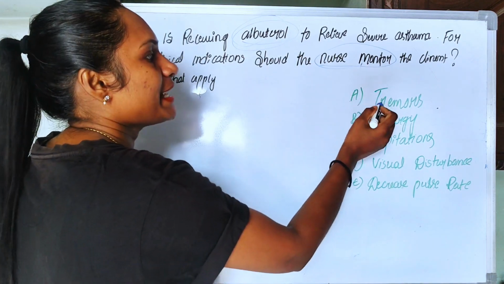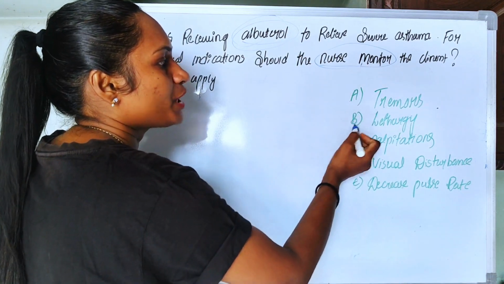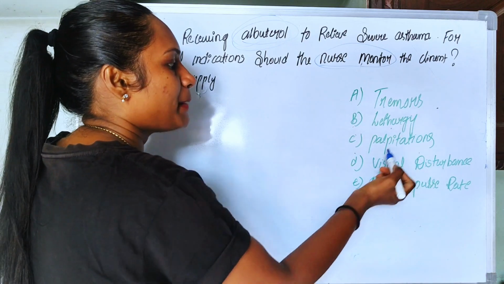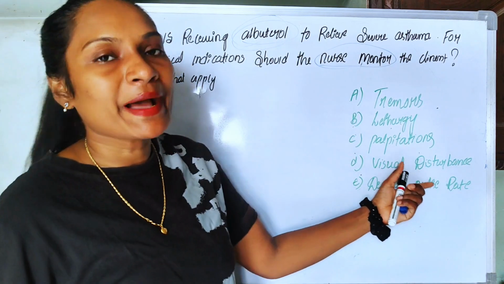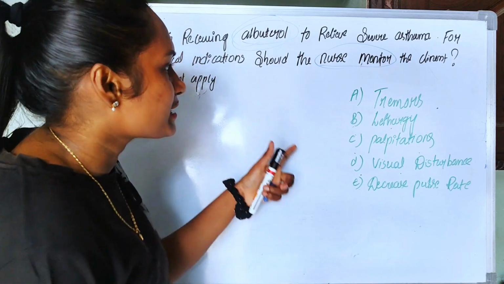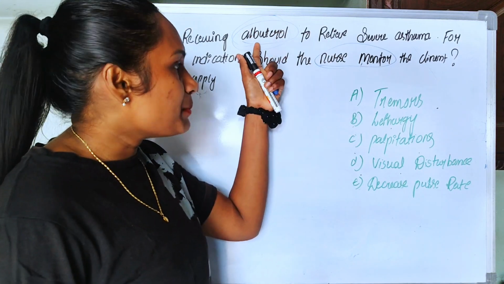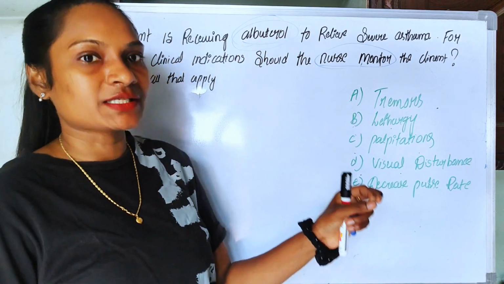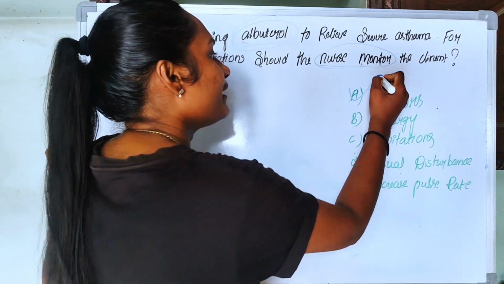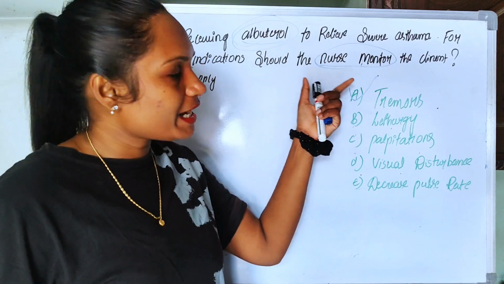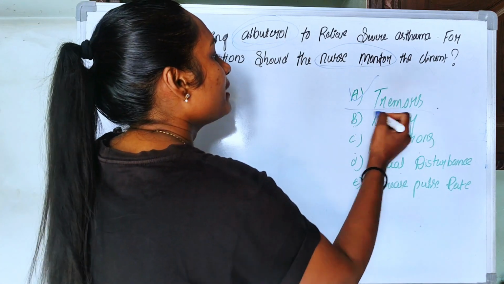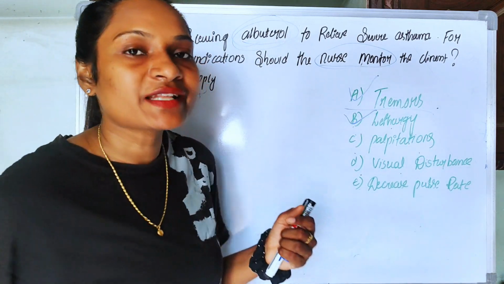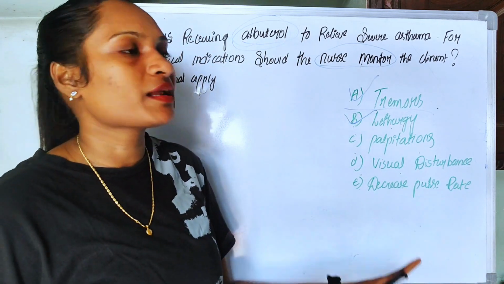Option A is tremors, option B is lethargy, option C palpitations, option D visual disturbance, option E decreased pulse rate. So if we see option A, albuterol will cause tremors, like shivering and all. So option A is also correct. Option B, lethargy, no. Albuterol never causes lethargy, so lethargy is not the correct answer.